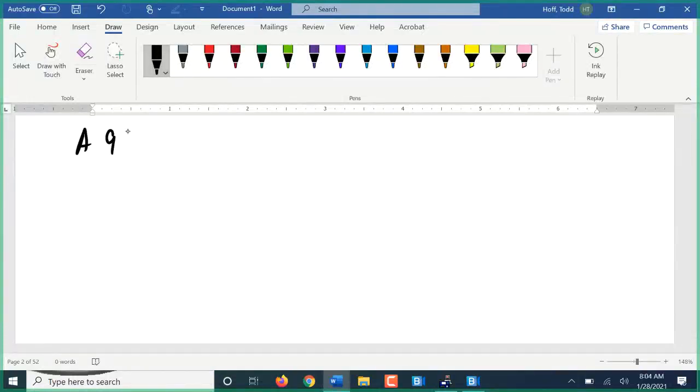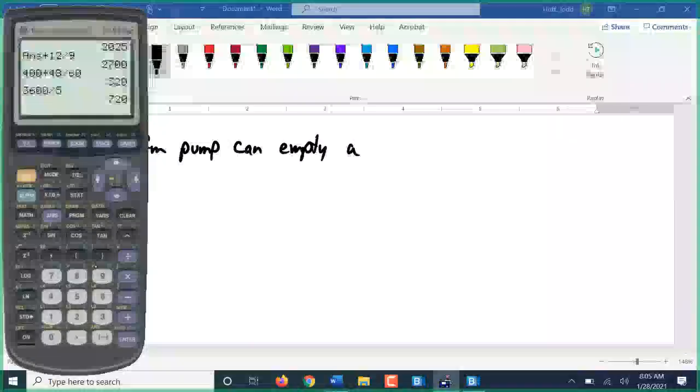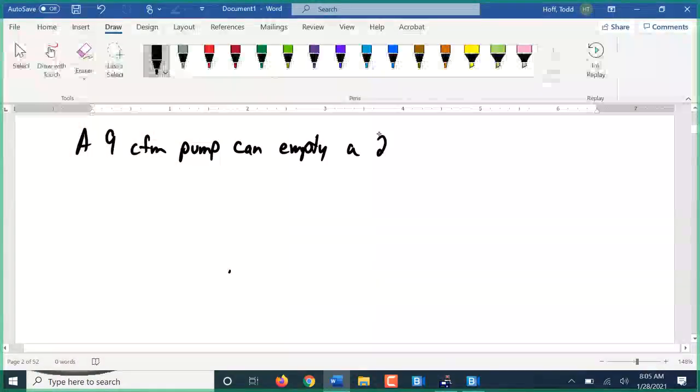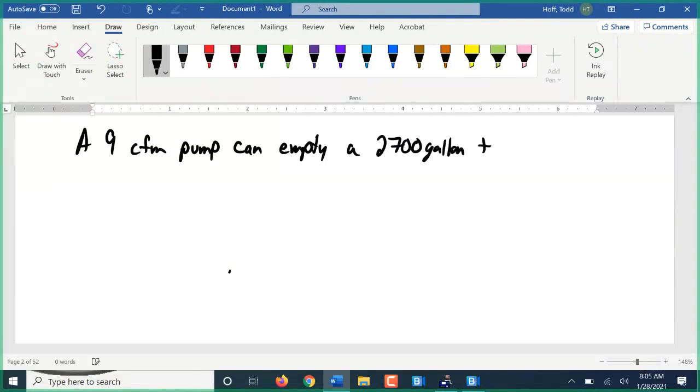A 9 CFM pump can empty a, let's do this here, 2,700-gallon tank in 40 minutes.